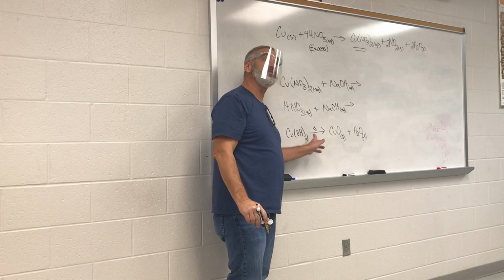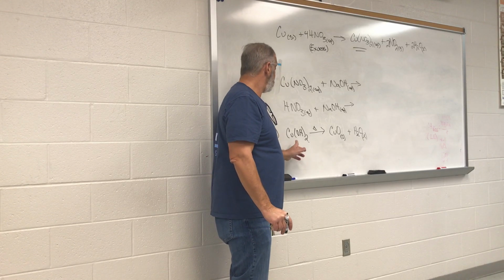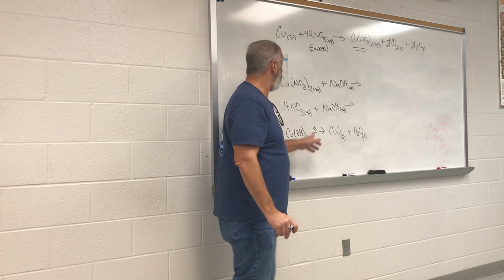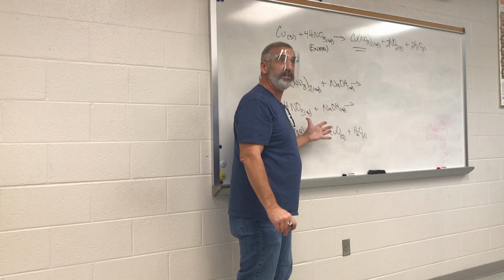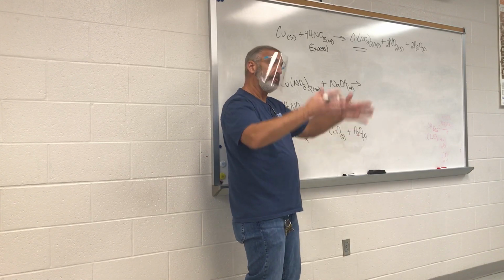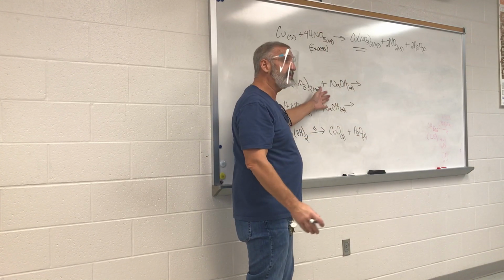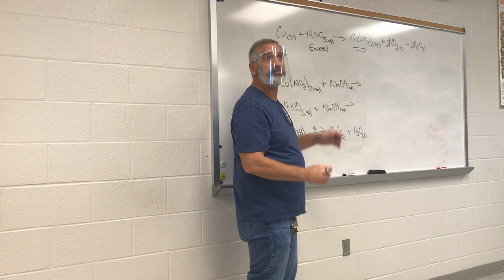Okay? But you have to realize that all the sodium nitrate and excess NaOH is still floating around in there, but when you filtered it, all these other aqueous spectator ions went through. So we just have to keep track of that.